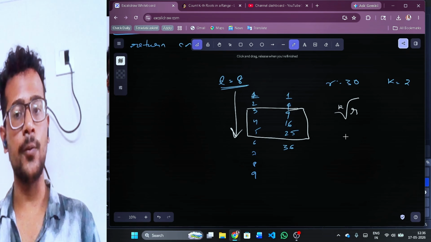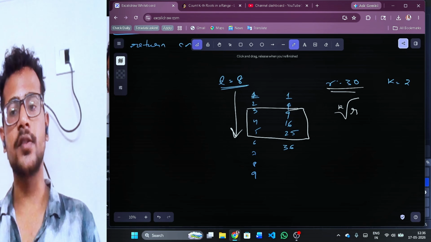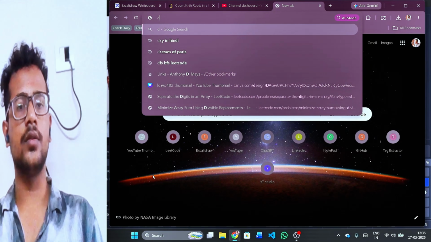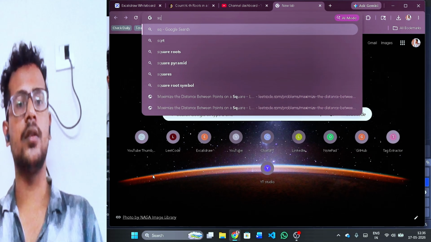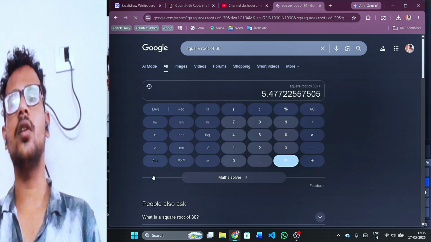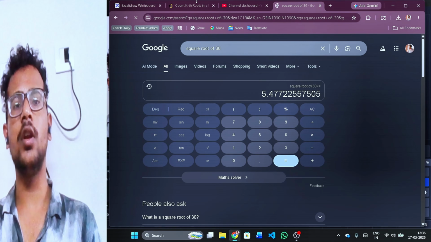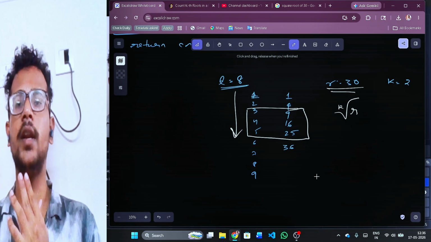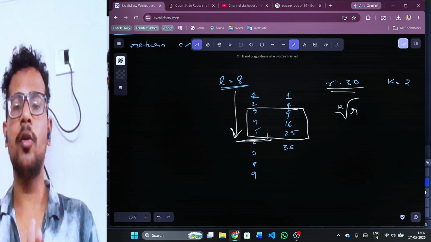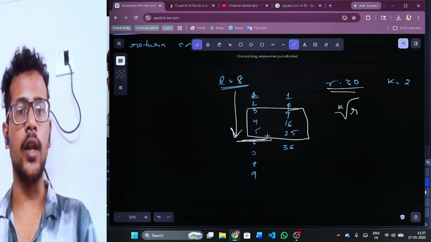I'll tell you why. R is equal to 30. What is the square root of 30? It is not a perfect square, but it is 5.4. Now, where did I end it? At 5 itself, right? 5.4 is the square root of 30.